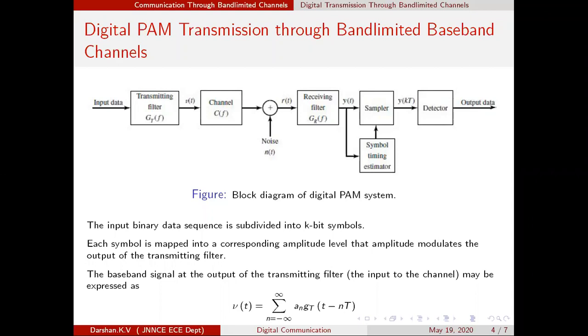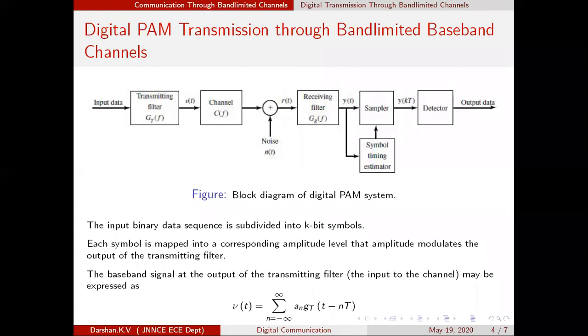If you want to transmit symbol number 5, you transmit a pulse of amplitude 5 volts. This is pulse amplitude modulation, and the source will generate symbols every T seconds. So for every T seconds you have one pulse, and if you aggregate over time, you have a set of pulses.